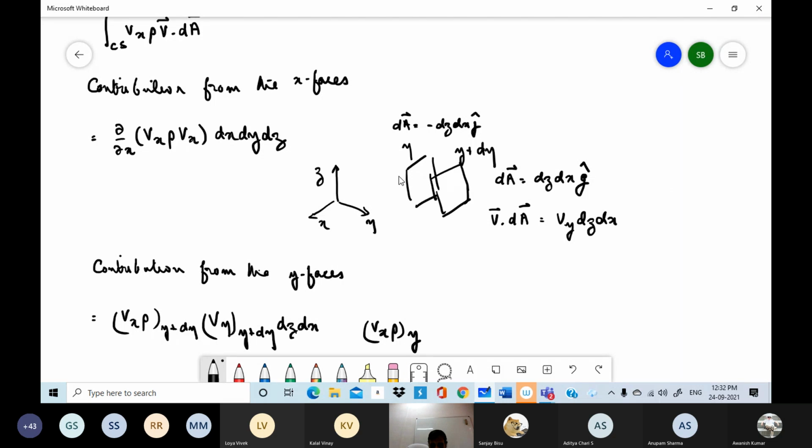So the outward normal is in the negative j direction. So when I take the dot product with v, v dot dA will be equal to minus vy dz dx.